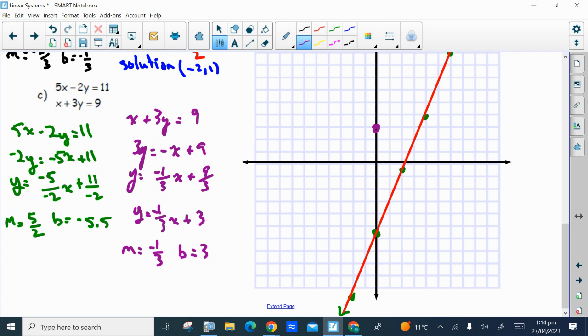And again, we start with the y-intercept. And then we rise negative 1 and run 3. We could also rise positive 1 and run negative 3.